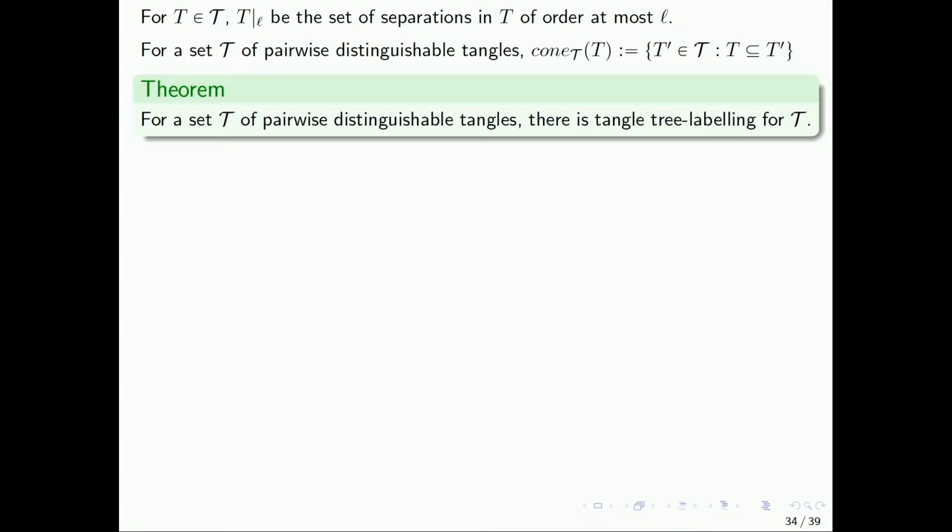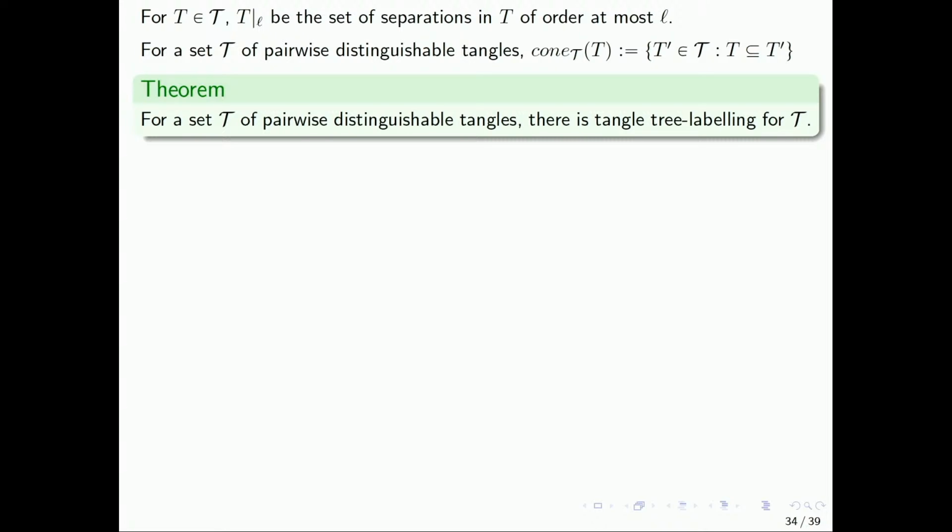And then I want to explain how to generalize to any pair of distinguished tangles. So until now, I just said that T was any pair of tangles separated by a separation of order L, but not separated by a separation of order less than L. And then I want to generalize to any pairwise distinguishable tangles.